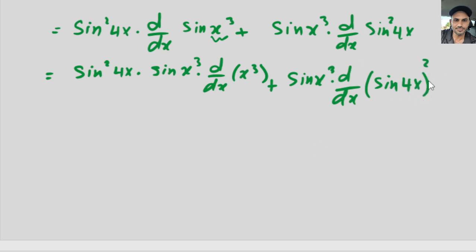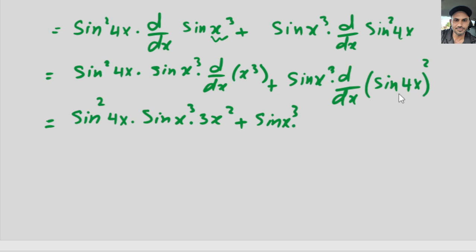So in the next step we get sine squared 4x times cosine of x cubed times the derivative of x cubed, which is 3x squared, plus sine of x cubed times the derivative of the outside, which is 2 times sine of 4x to the 2 minus 1, times the derivative of sine of 4x.